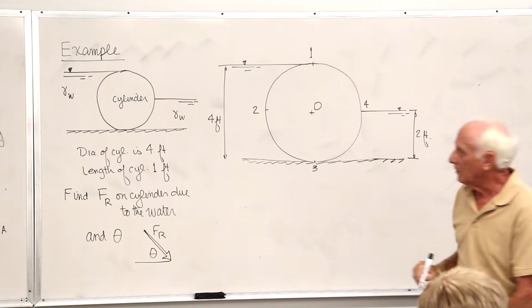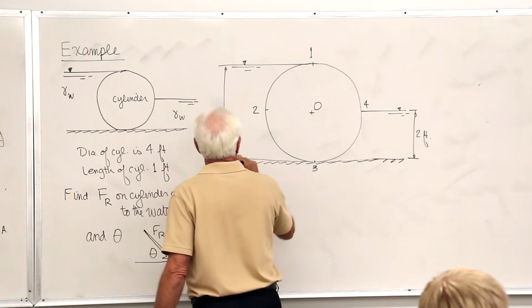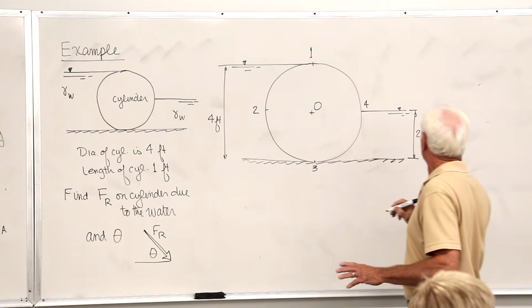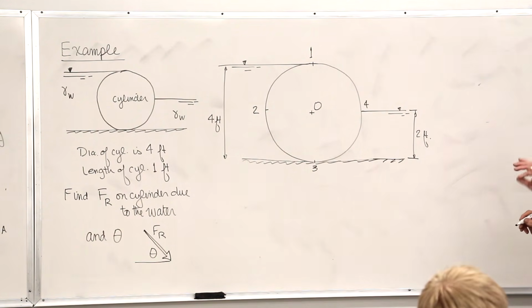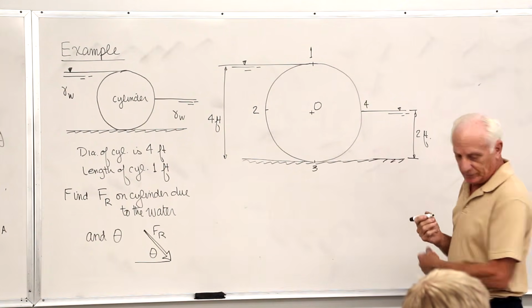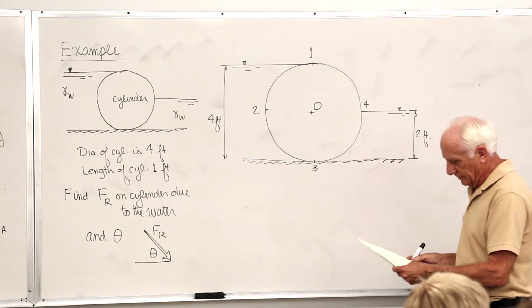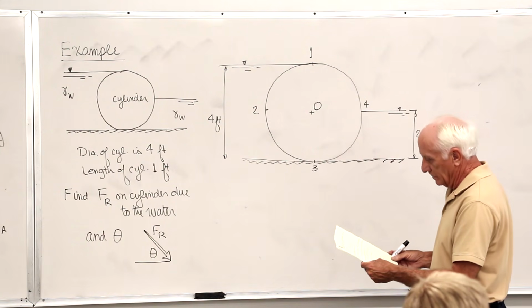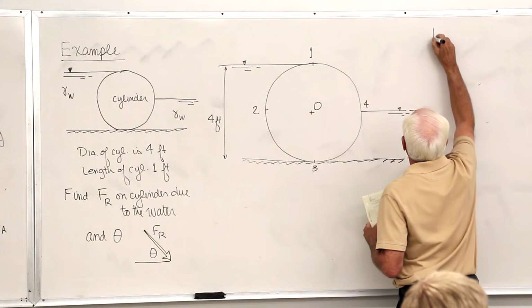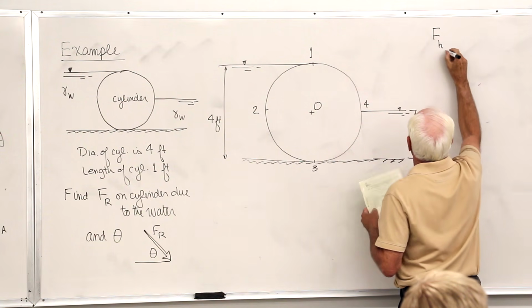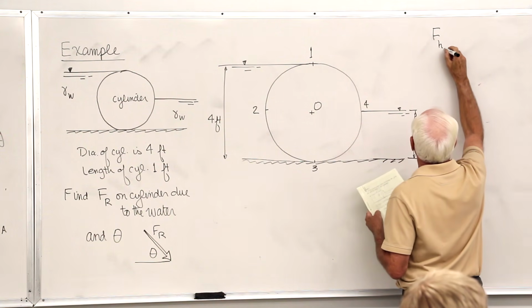You can't do it all at once, obviously. You have to do it piecemeal. So we'll take the first one. I guess I did horizontal on the left-hand side. F horizontal on surface 1, 2, 3.